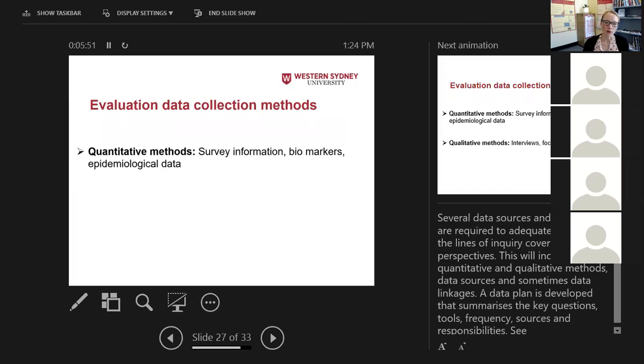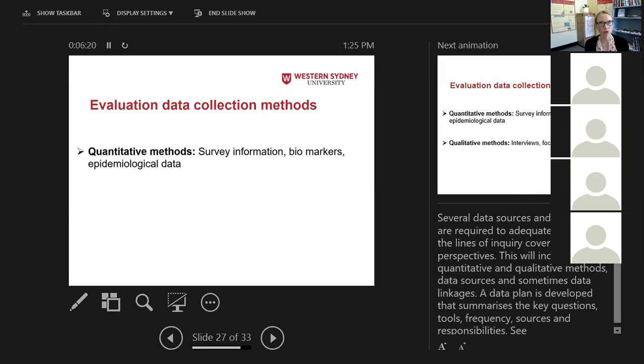So you've got your quantitative information through various surveys, and that can be something as simple as program satisfaction surveys for participants. You might be looking at food frequency survey information: how often have they eaten fruit and vegetables, and what's their dietary composition? It might be looking at exercise surveys. So, you know, really applicable to whatever aspect.